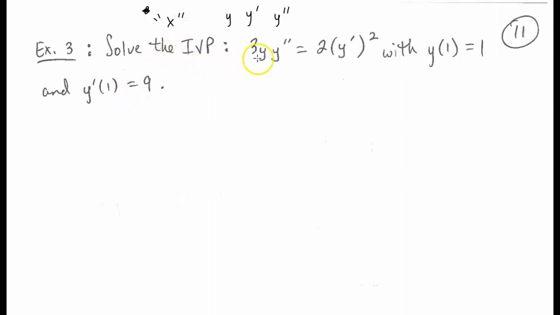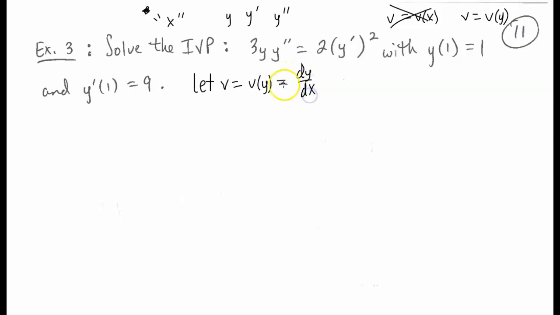Since we don't see that, for the substitution that we want to do, it will not be prudent for us to let v be a function of x. Instead, we're going to assume that v is a function of y, because the lowest order that we see of any variable here is just y. So here we're going to let v be a function of y, but let it also equal the derivative of y with respect to x.